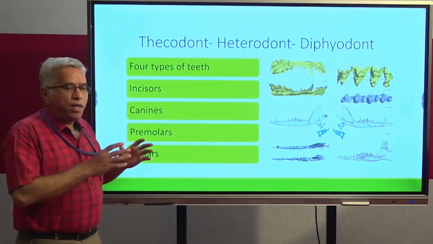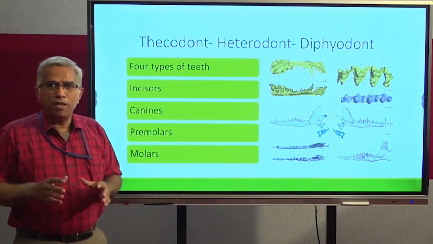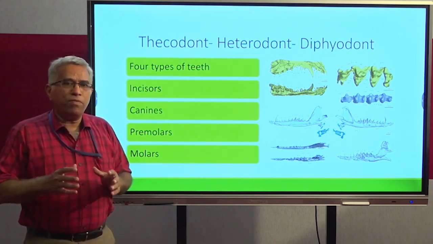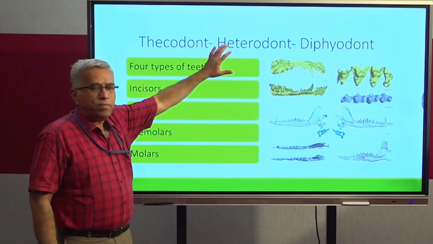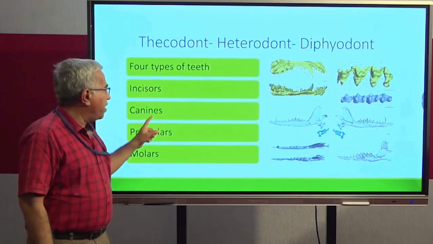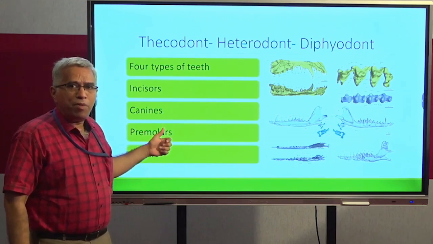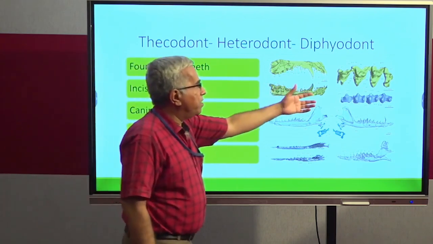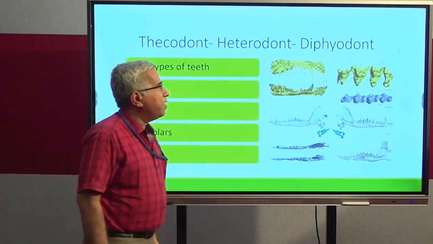Each tooth has its own function and its own design. Because they vary in their shape and function, this dentition is called heterodont dentition. And especially if you take canines, in carnivorous mammals these canines are greatly developed so that they can tear the meat in an effective manner. So here you can see the design of the teeth in the mammals.